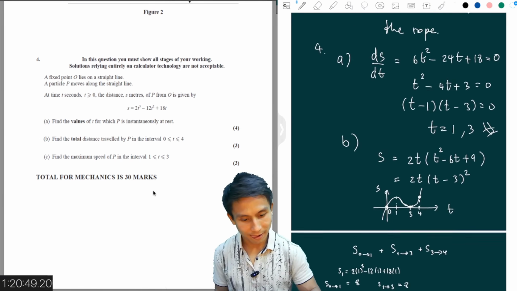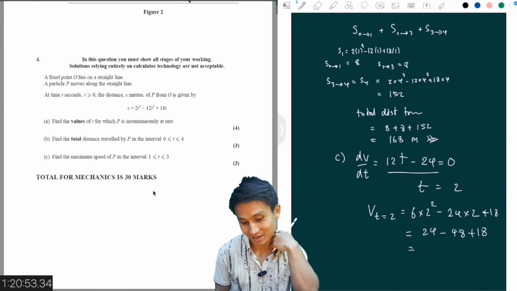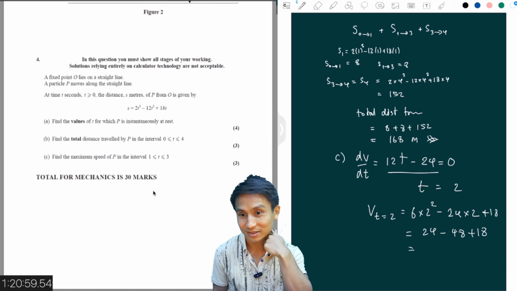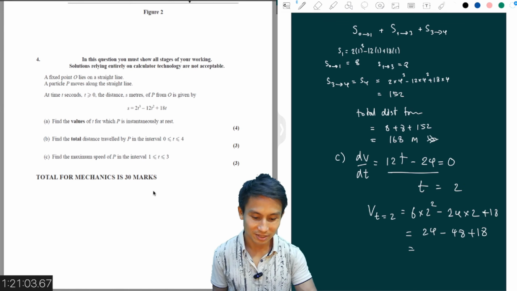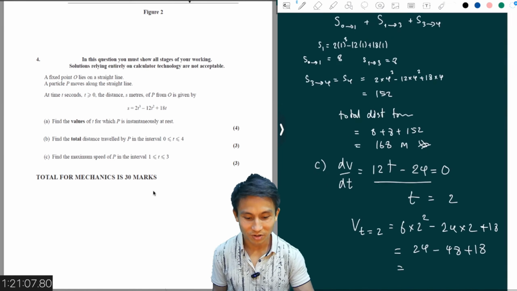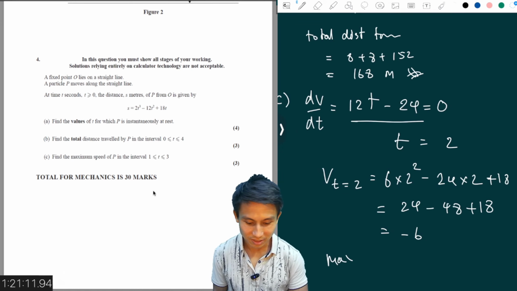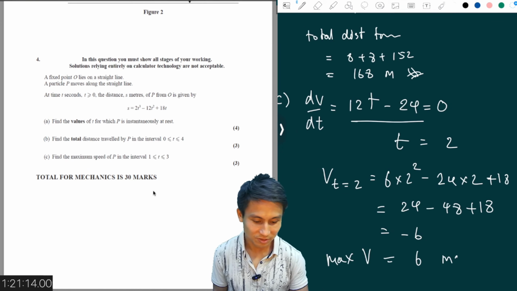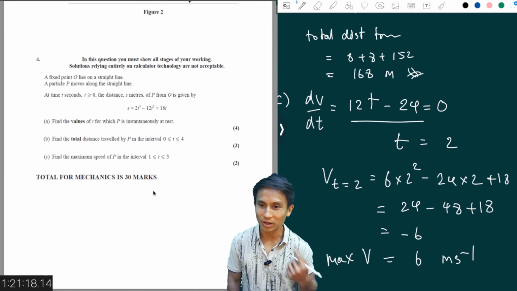Interesting. It's negative. Looks like it's a negative value there. So this turning point is where velocity is negative, yeah. So therefore maximum speed is 6 meters per second. It's just when it's going backwards, right?